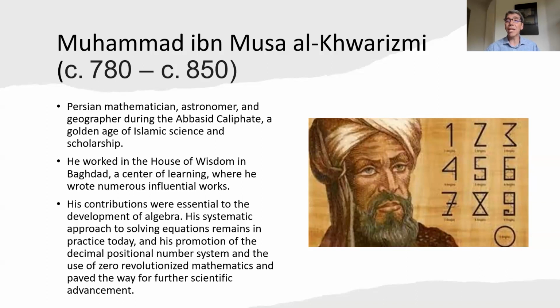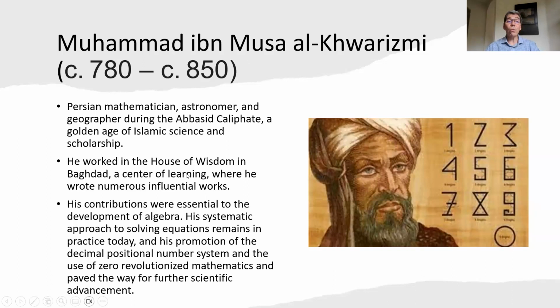So that is the area basically of Iran, Iraq. And this was during the golden age of the Islamic science and scholarship. So about from 780 to 850, that was the period of time where Al-Khwarizmi lived.